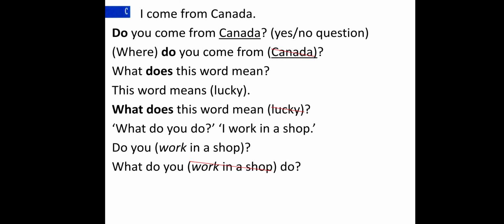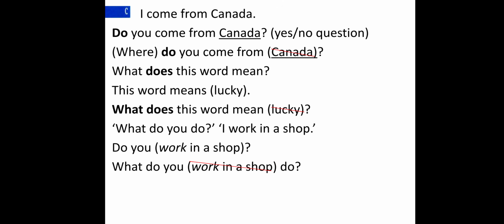Then the first question becomes "Does this word mean lucky?" And since we ask about a word, something, we use the WH question word what. So we write "What does this word mean?" and we omit lucky because what is asking about lucky.